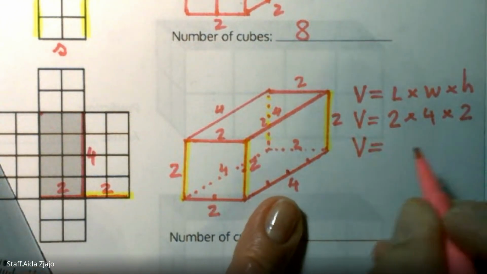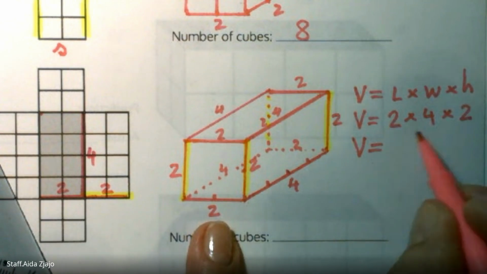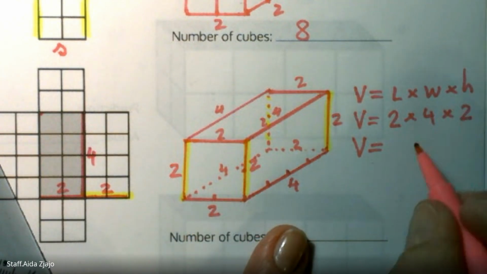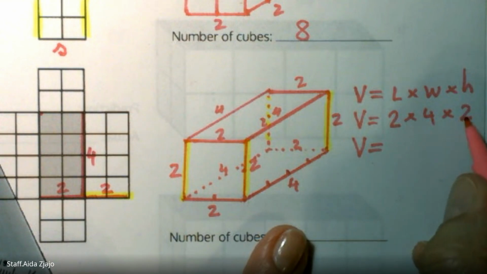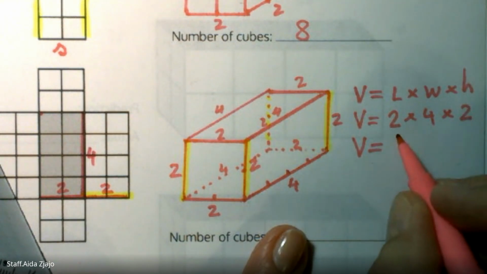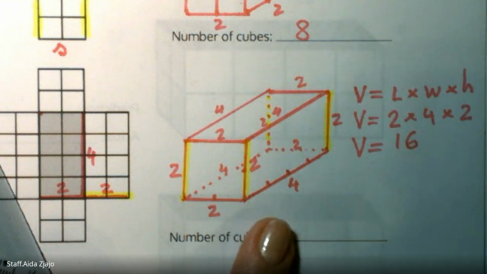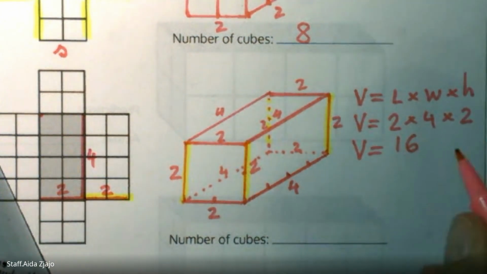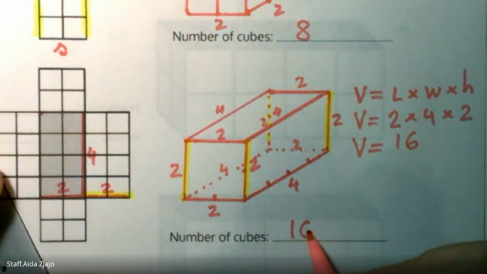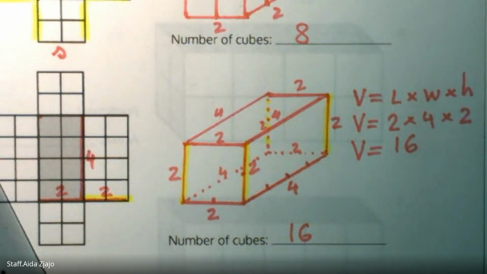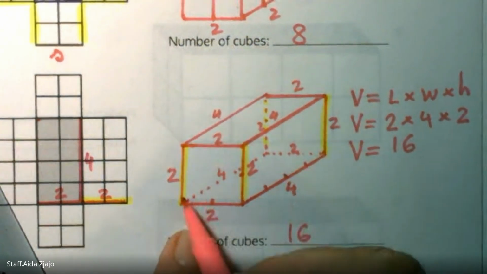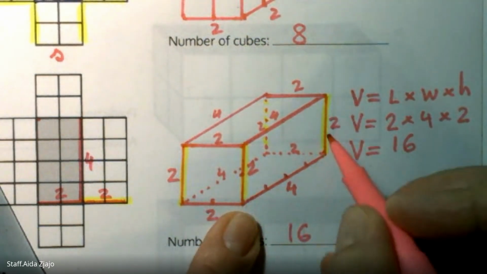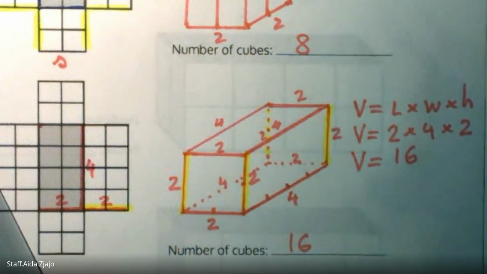We can multiply 2 times 4. 2 fours are 8, and 8 times 2 is 16. So it should be 16 cubes that will build this prism. We can see 2 times 4 is 8, and 8 times 2 is 16.